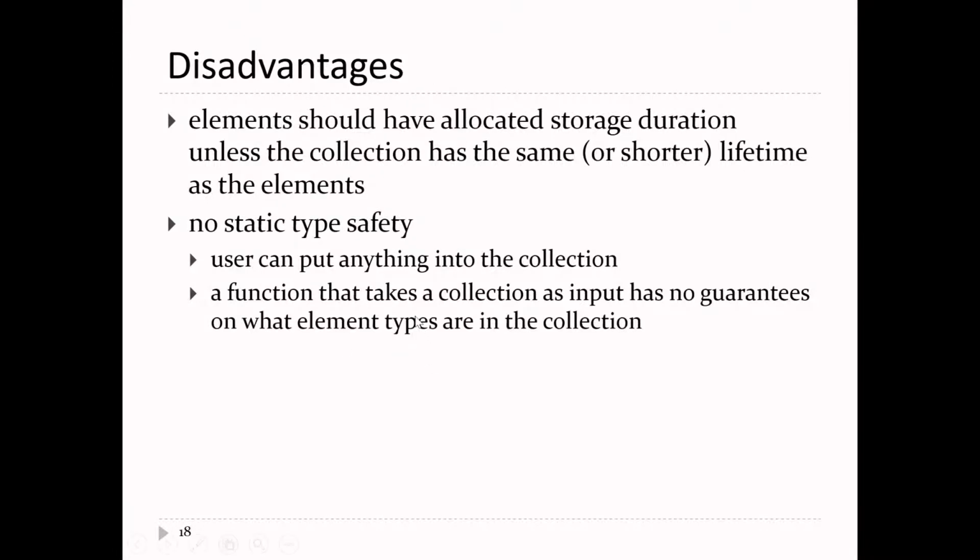You write a function, and one of the inputs to the function is a stack. The function has no idea what elements are in that stack. There's no guarantees on what element types are actually in the stack.